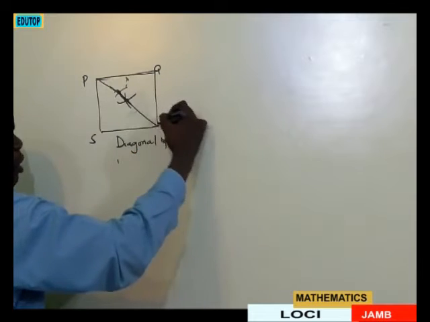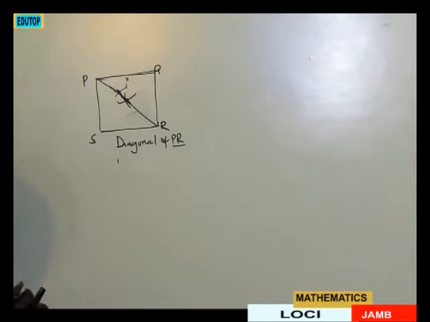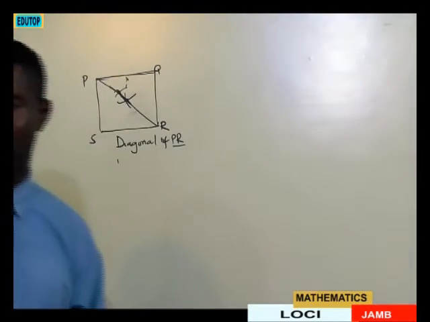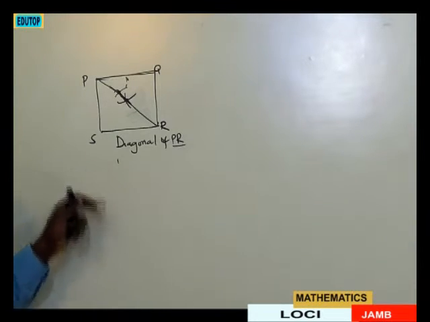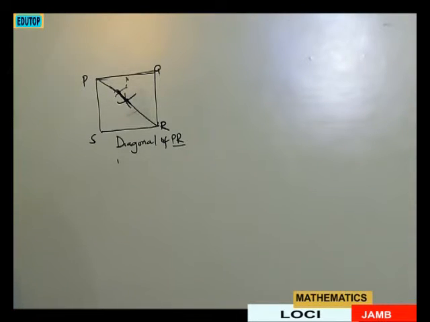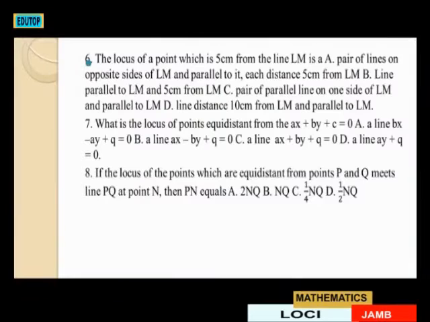Also here, mark a point. So it will definitely be a diagonal of PR, according to that sketch. Then in that situation, we have A, the diagonal PR, yes. B, the diagonal QS, no. C, side SR, no. D, perpendicular bisector of PQ. Is there anything like a perpendicular bisector here? No. So there is no other option other than option A. Then the next question, the locus of a point which is 5 centimeters from the line LM.